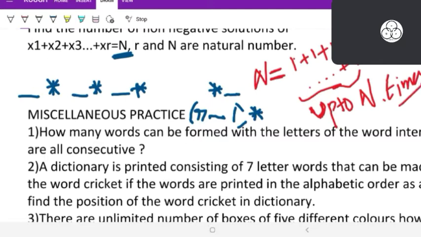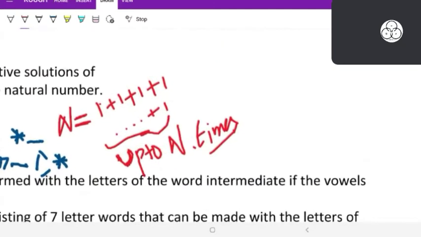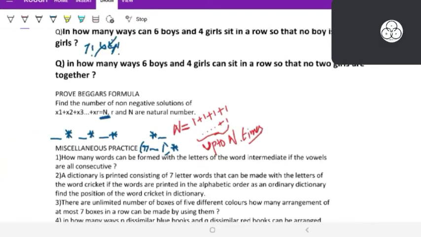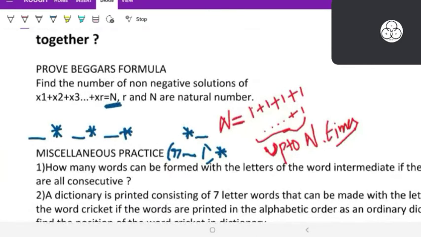It's now pretty clear what n is. So what is the number of non-negative solutions?